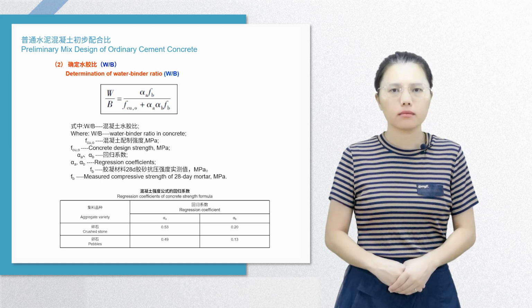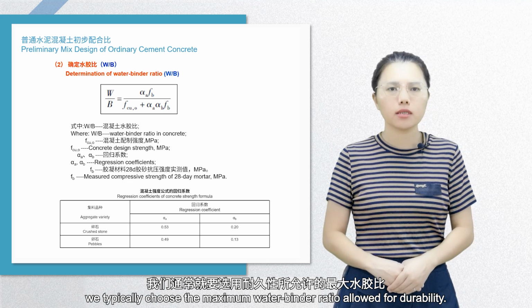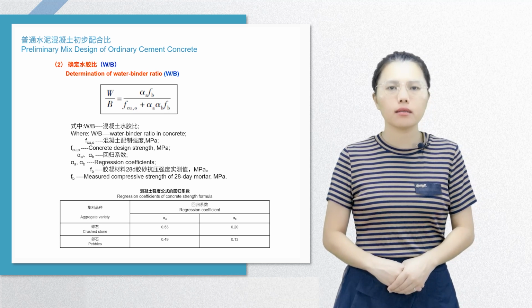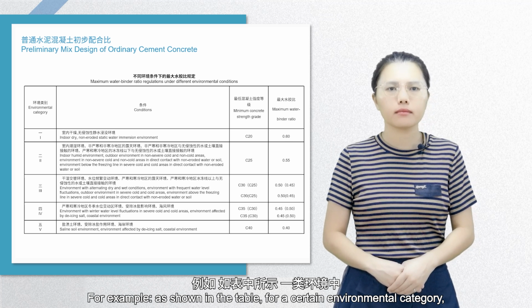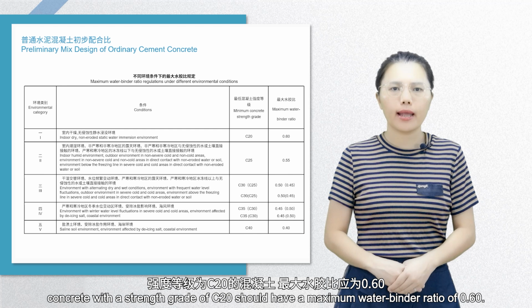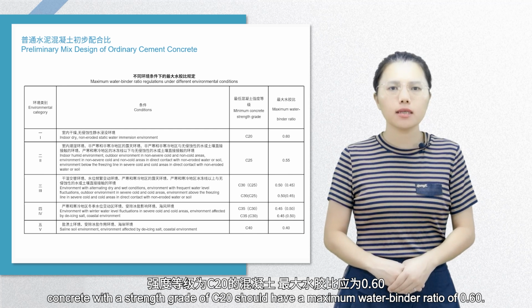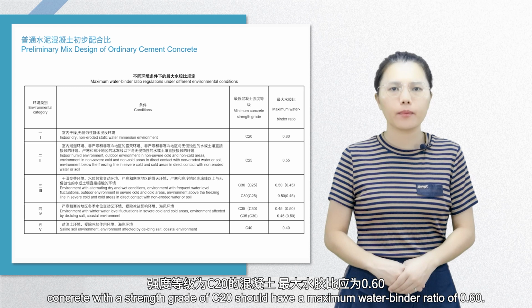If it does, we typically choose the maximum water binder ratio allowed for durability. For example, as shown in the table, for a certain environmental category, concrete with a strength grade of C20 should have a maximum water binder ratio of 0.60.